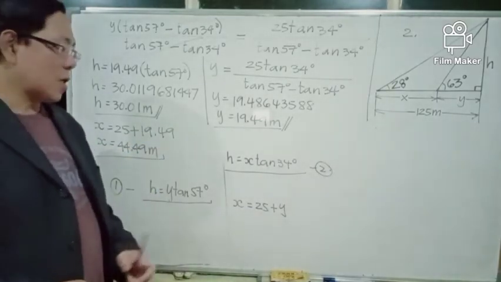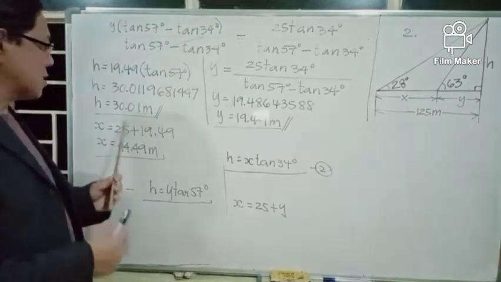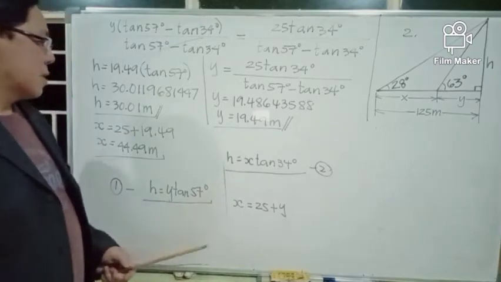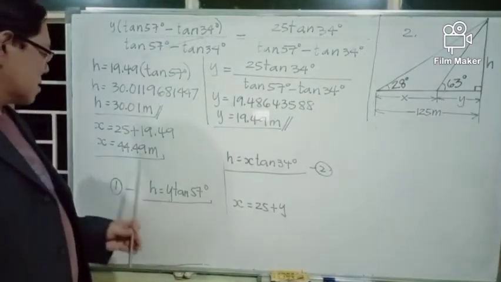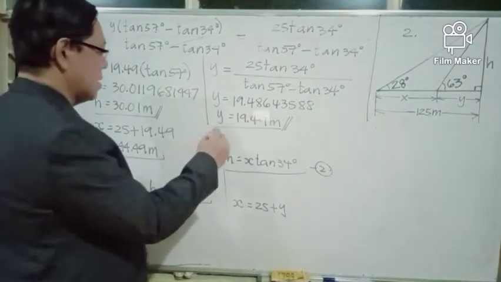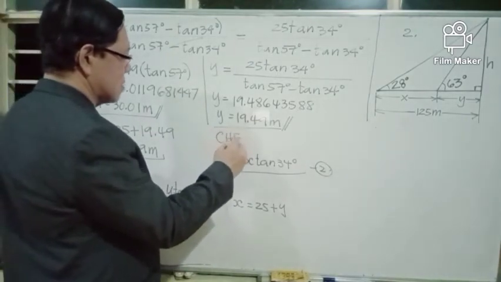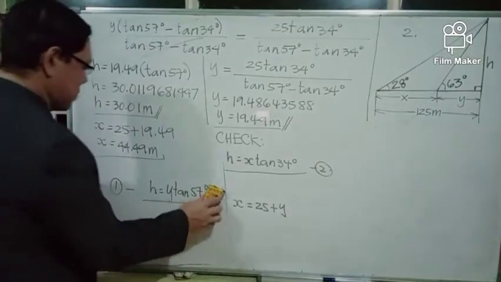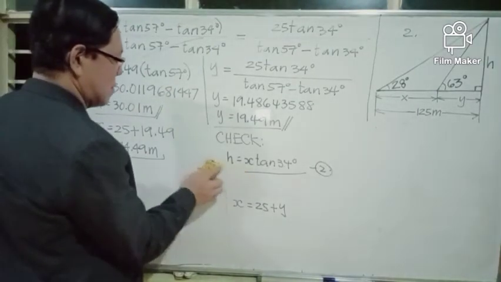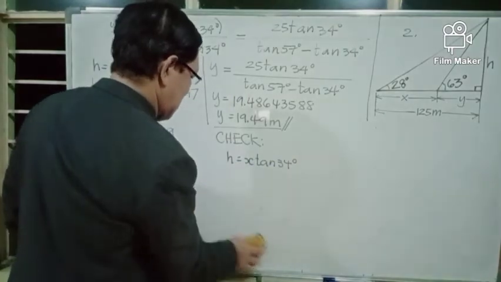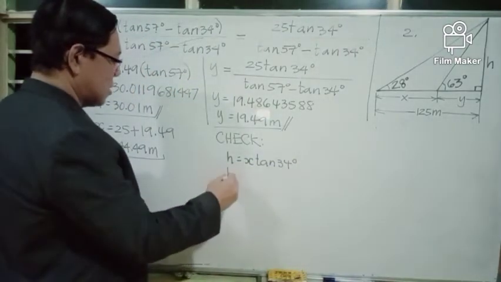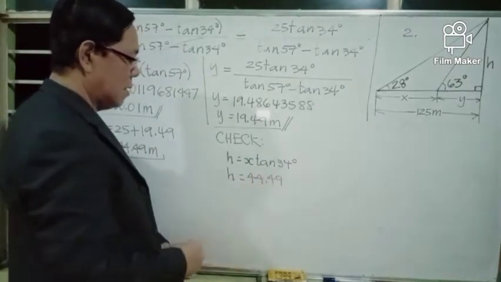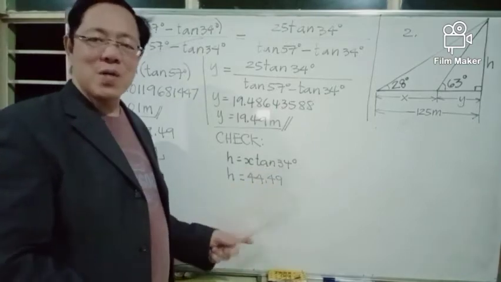Now, you may want to check if we have the correct value of h of 30.01 using equation 2, because we now have the value of x, 44.49. We check using equation 2: h equals x, 44.49, multiplied by tangent of 34 degrees.